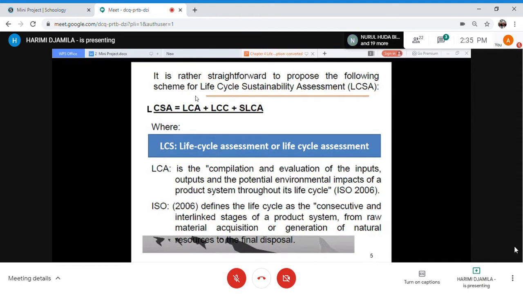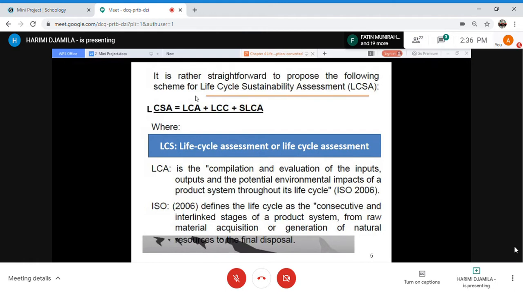However, life cycle in general doesn't only apply to buildings. It can be applied to many things or many products. So it's not designed for buildings only. It may apply to various things which have the 3 components.